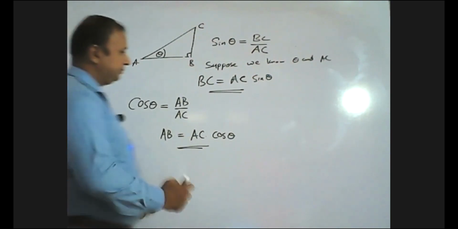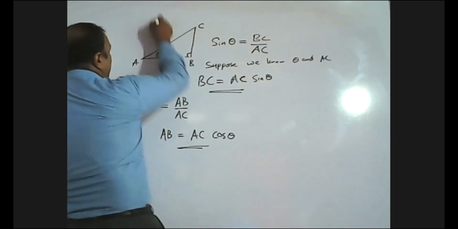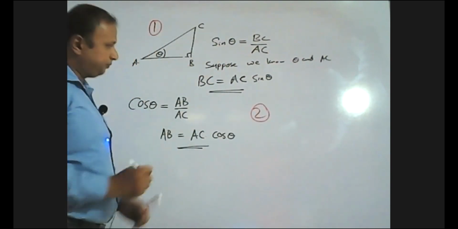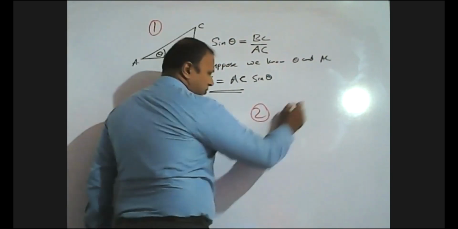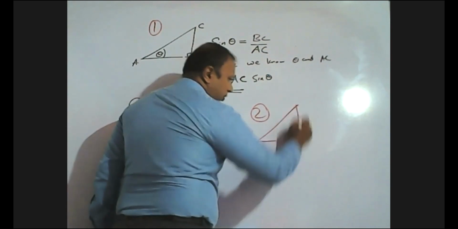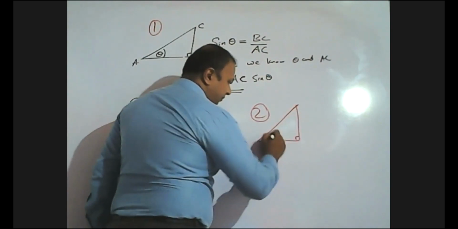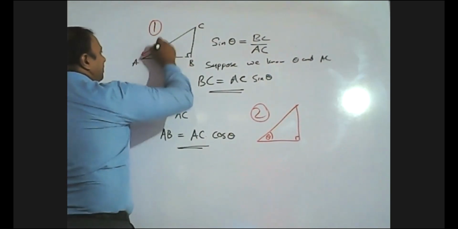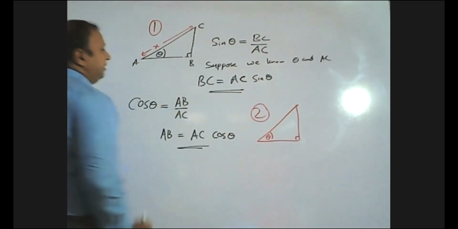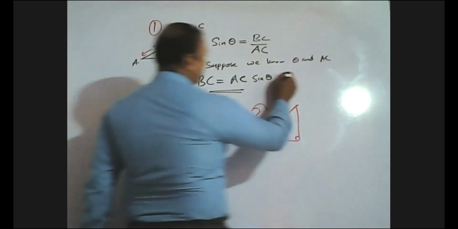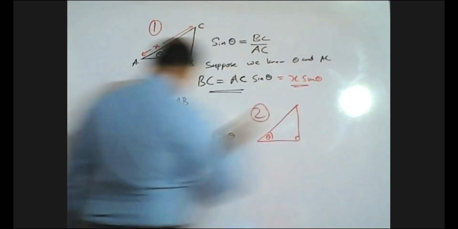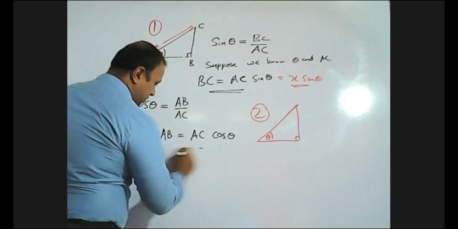Again, this is example 1. Now example 2. Suppose in this case you are given x and theta. So this is equal to x sin theta, and this is equal to x cos theta.